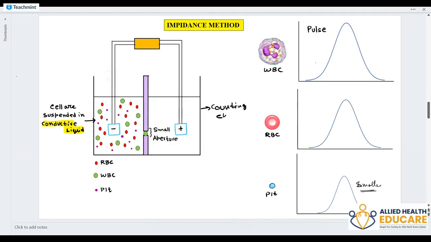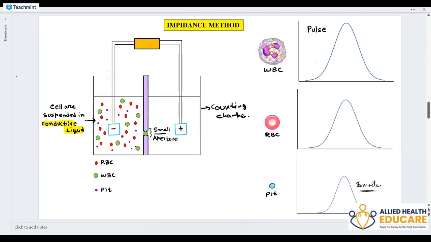In the counting chamber, there are two electrodes, one positive and one negative, and there is an electrical field. There is a small aperture between the positive electrode and the negative electrode. The machine forces the cells to pass through the small aperture.